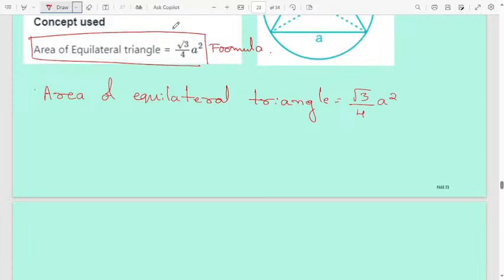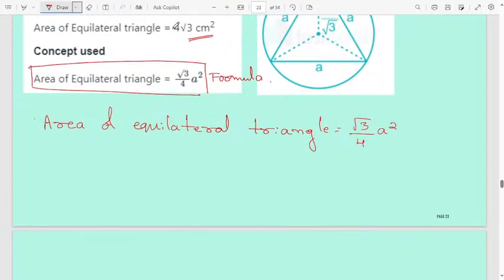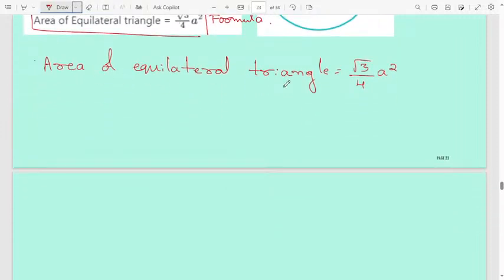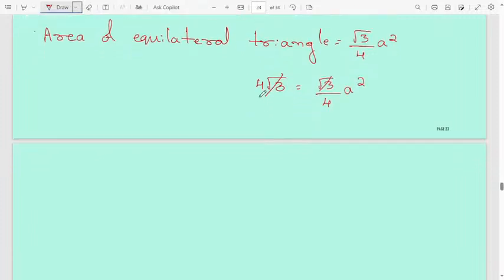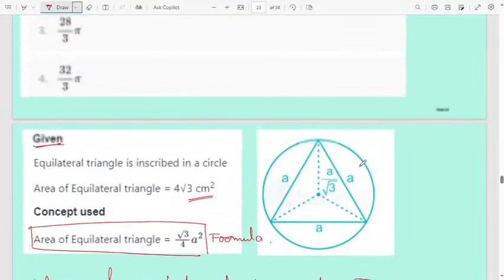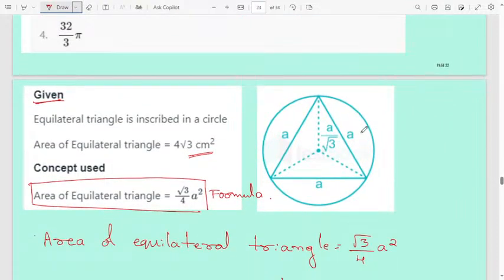But this value they have given in the question, that is 4 root 3. 4 root 3 will be equal to root 3 by 4 a square. Root 3 will get cancelled. Then a square will be 16. Then the value of a will be 4 centimeter. What is the value of a? A will be 4 centimeter.